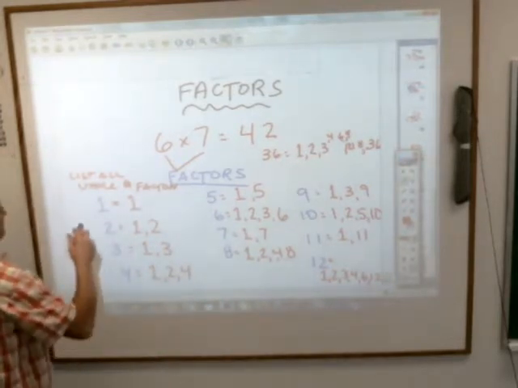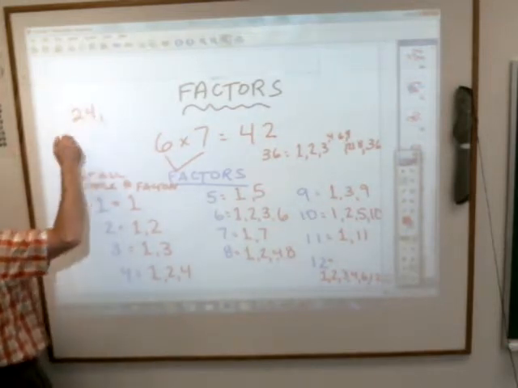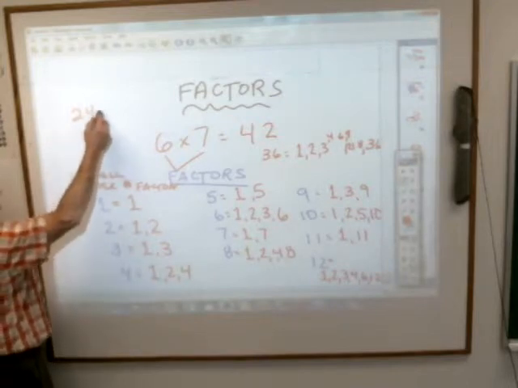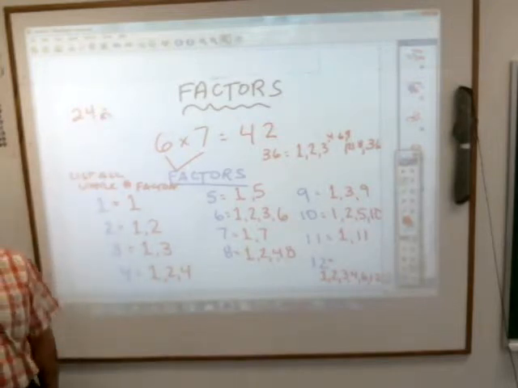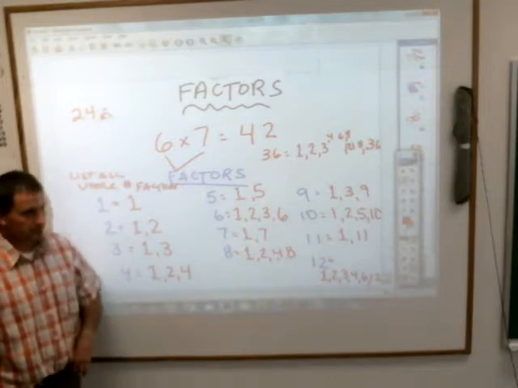Same thing for like 24. Jot me down right now the factors of 24. Write down for me the factors of 24. See if you follow my advice.